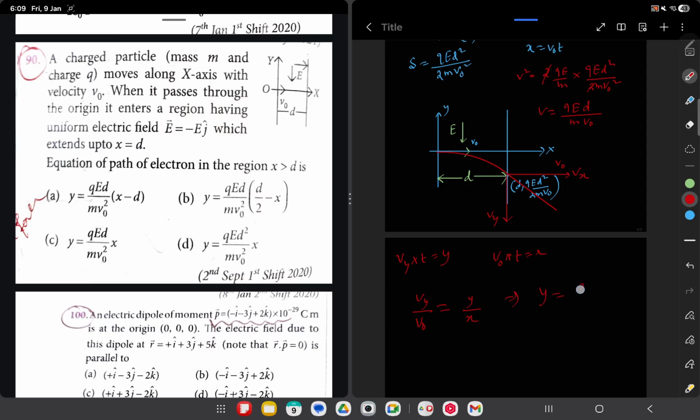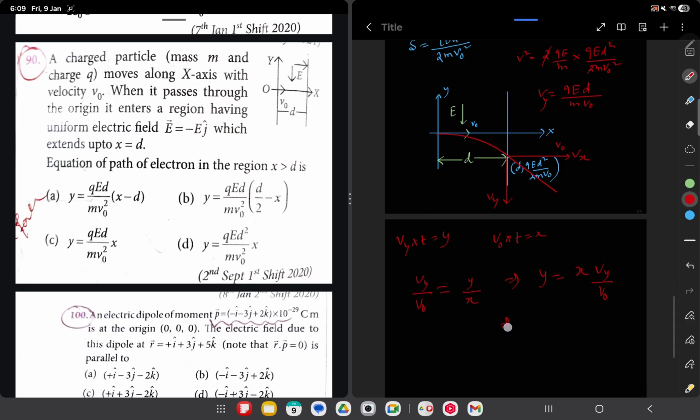So y equal to x into vy by v naught. So vy is qE d by m v naught, into 1 by v naught into x. So you are getting qE d by m v naught square into x.